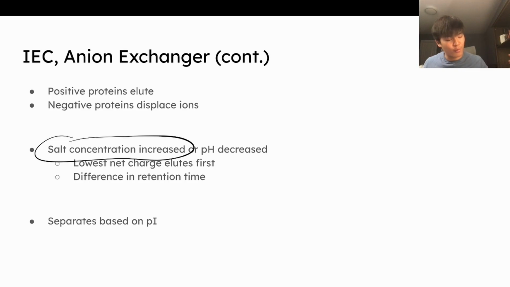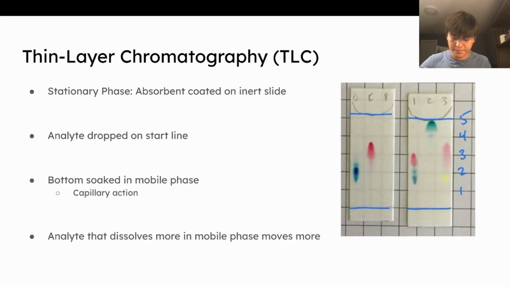Remember, that means more of the carboxylic acids will take up more hydrogens, and the amine will still have its hydrogen, which makes it net positive. So we can decrease pH, and whatever leaves first will have the higher isoelectric point. Whatever leaves last will have the lowest isoelectric point. Hopefully that makes sense. Basically, it just sorts proteins based on isoelectric points, and it's a very neat way of doing it.